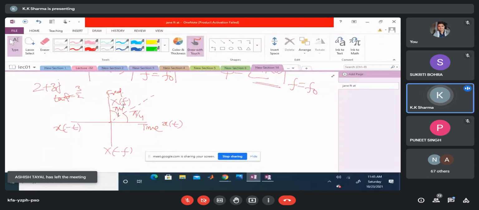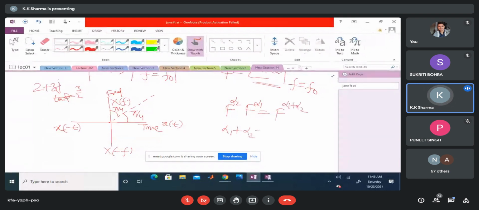मैं एक ऐसा ऑपरेटर तुम्हारे सामने कह रहा हूँ कि F of alpha 1 operated by F of alpha 2 is equivalent to F of alpha 1 plus alpha 2, and if alpha 1 plus alpha 2 is equal to 90 degrees or pi by 2 radian, then I can reach the same Fourier transform. So they need not be pi by 4.